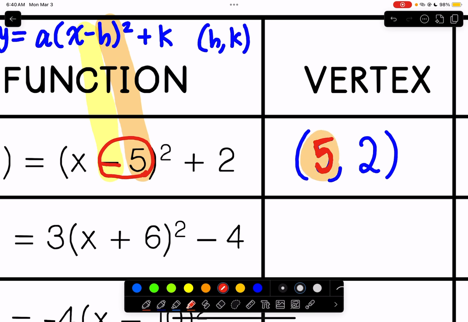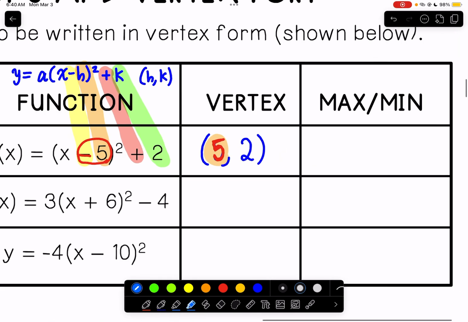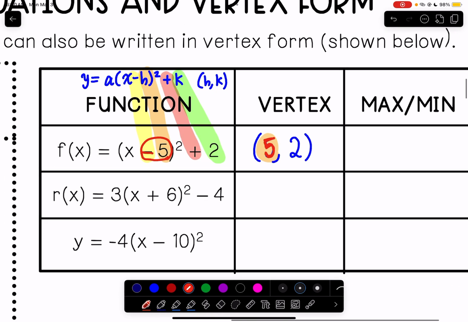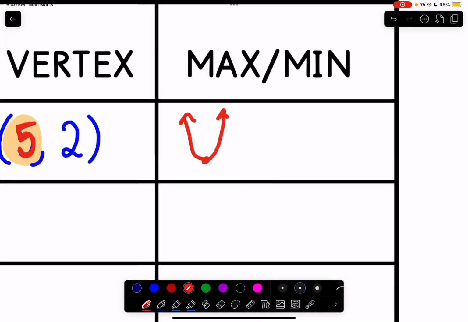Now, likewise, the plus is already part of our formula, so the k has to just be 2. And our a value is technically 1, meaning that we're concave up, so that this vertex is a minimum.